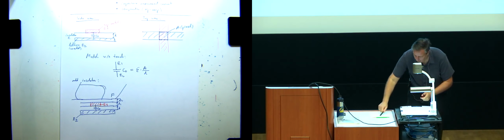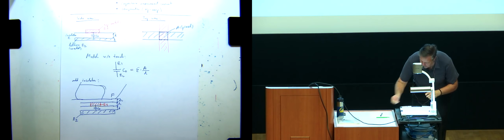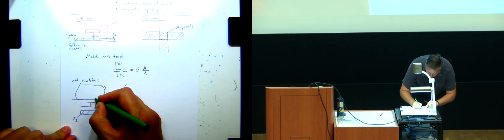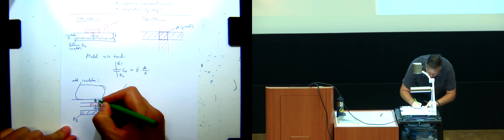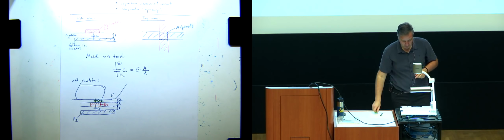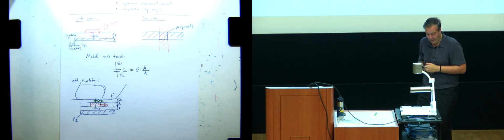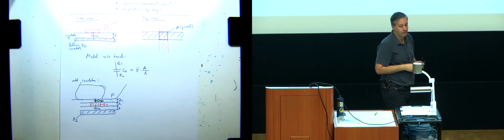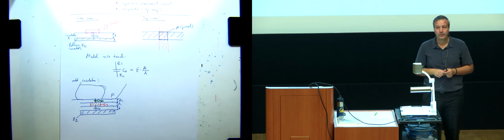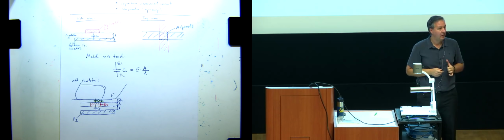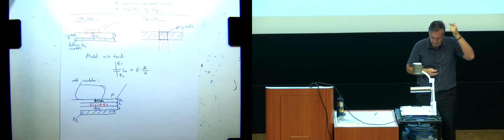Okay. So one suggestion was between E1 and F. So I'm just going to draw it here with green. CFE1. Okay? So, any other? Anything else? Yes? Is there one between the finger and the bottom plate? Yep.